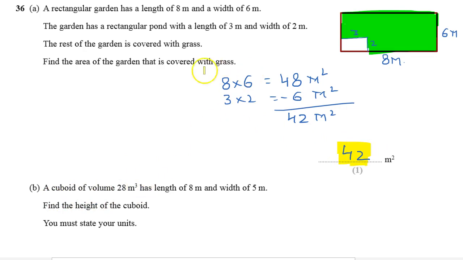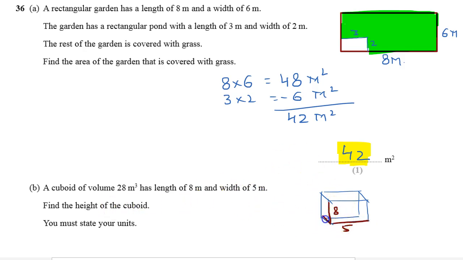A cuboid of volume 28 meter cube has a length 8 meter, width 5 meter. Find the height of the cuboid. So if this is a cuboid, so length is 8, width is 5.